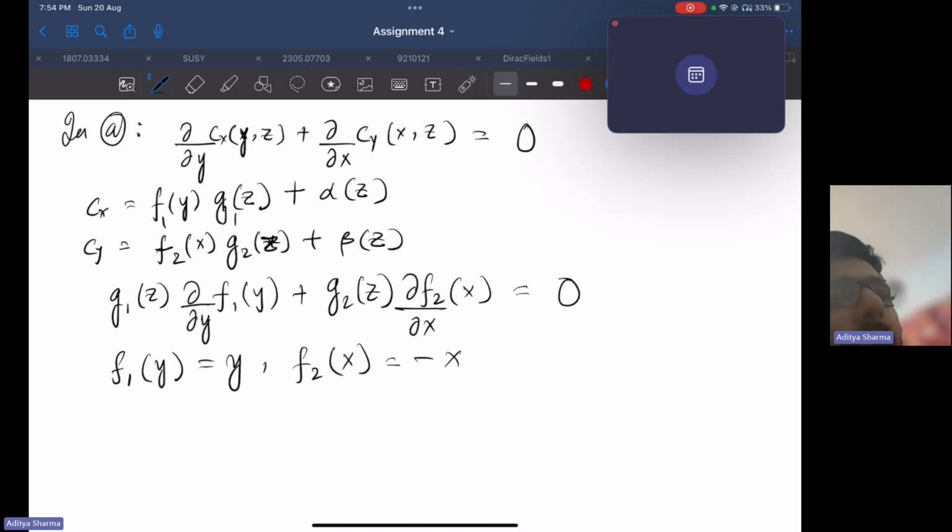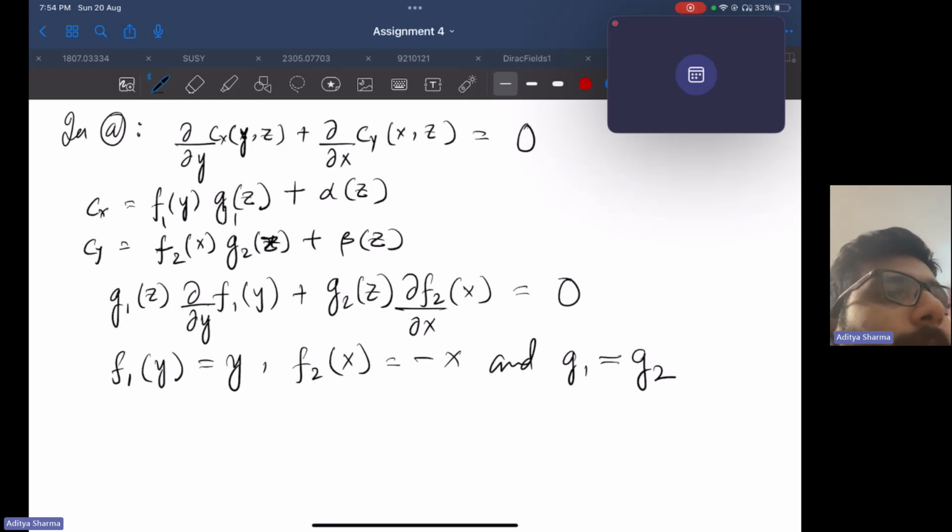We could have g1 equal to g2. Now, we could have taken something like g1 equal to minus g2 and f2 of x equal to plus x and f1 of y equal to y. But up to sign, I think this is the most general equation that can be.